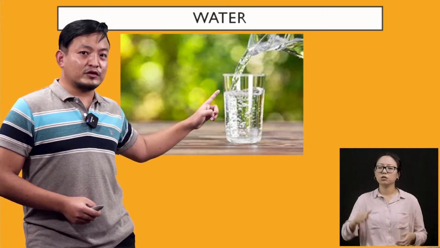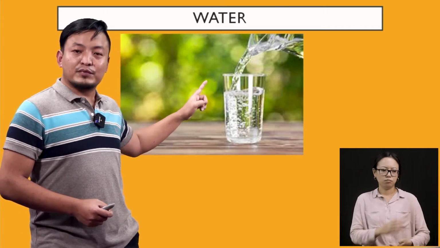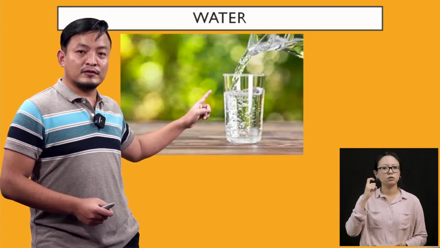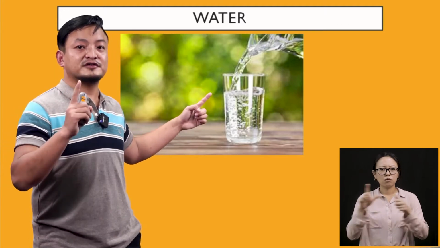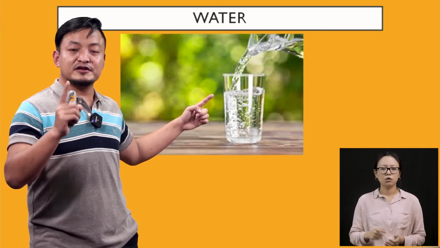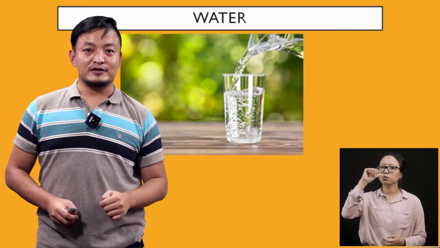Because our body, we have different parts. And all the different parts of our body, they play a very important role. And every part of our body, they have to function. And for the proper and normal functioning of our body, we need to drink plenty of water.